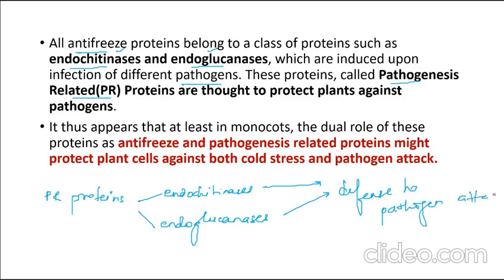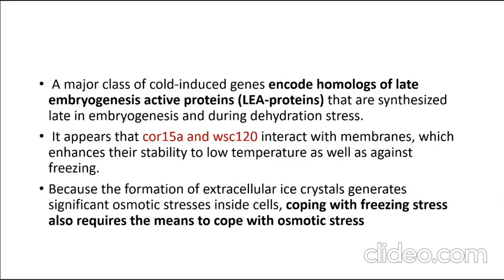Here we see that these antifreeze proteins, since they have the role of endochitinases and endoglucanases, help the plant to fight the pathogens also. So they protect the plant against both cold stress and pathogen attack. This is very interesting to know.